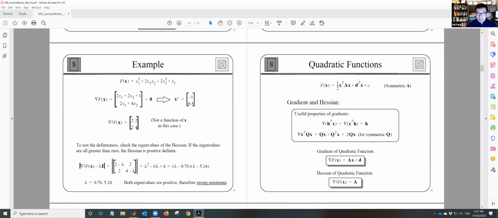Because of the useful properties of gradients: the gradient of h transpose x equals the gradient of x transpose h, which equals h. And the gradient of x transpose Qx equals 2Qx for symmetric Q, because Q transpose equals Q.